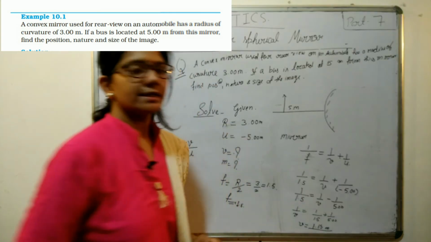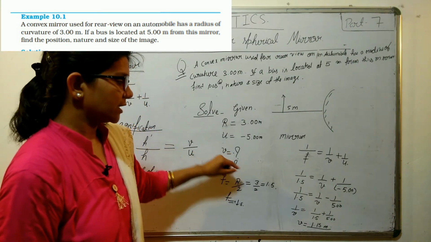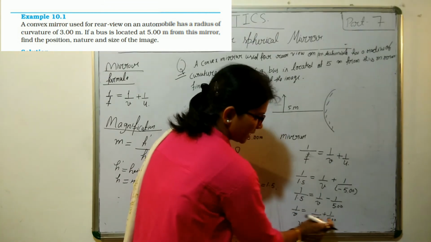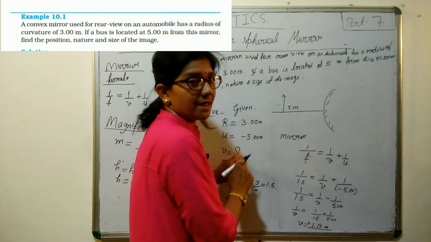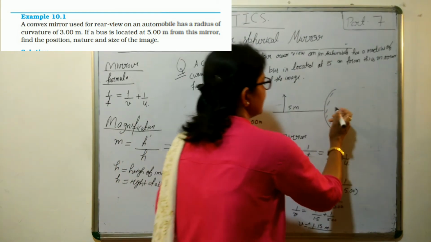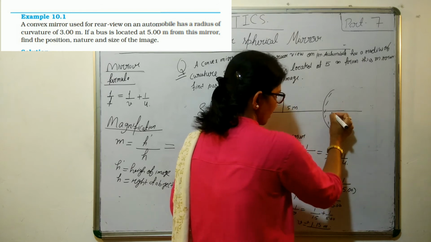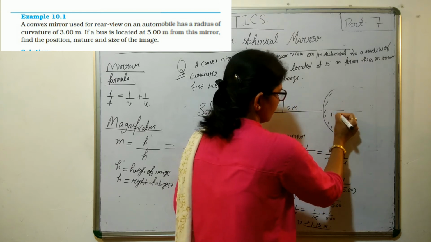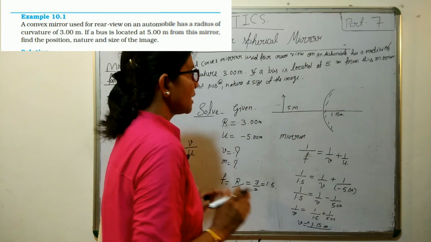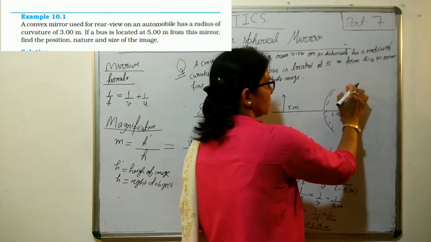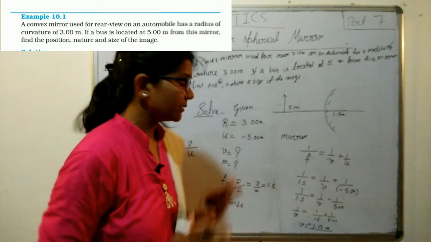So we got the position, and it is plus, there is no minus, so the image will lie on this side. It is virtual, so it will be erect. But let's see.